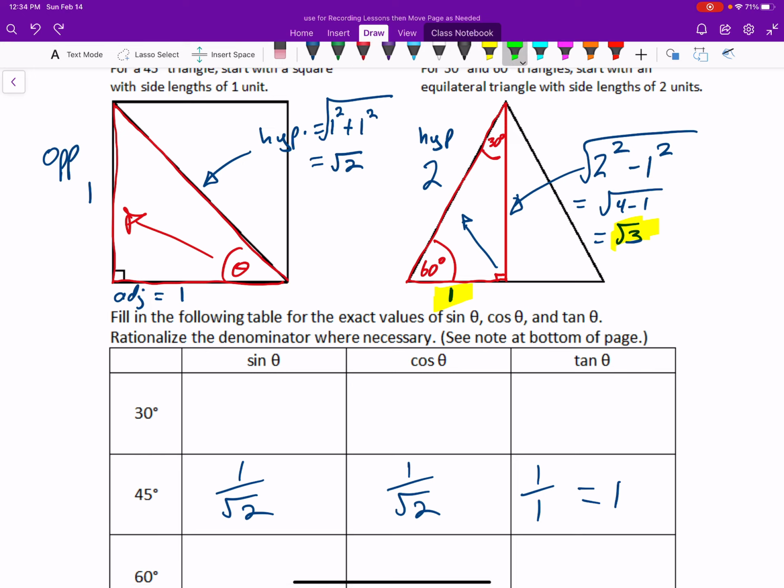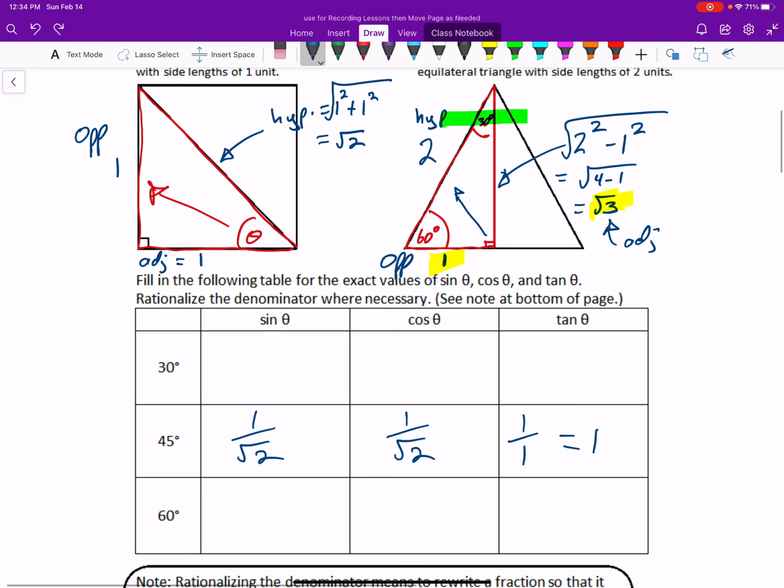For a 30-degree angle, that means I'm orienting myself from that angle up in the top. So up here in the top, there's my 30 degrees. That makes this the opposite side down here because it's opposite the 30 degrees. And that means this one here is the adjacent side because it's beside the 30 degrees, right?